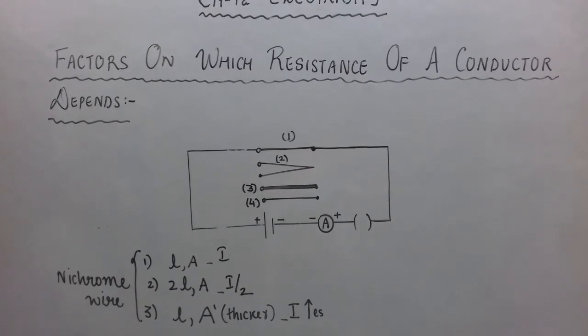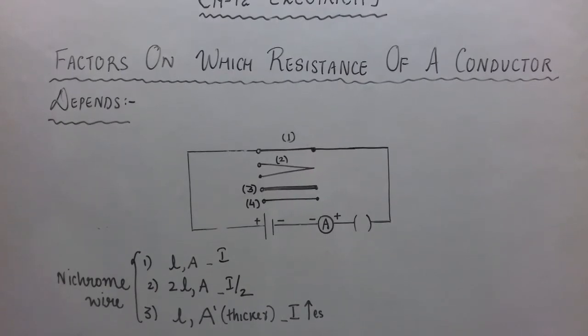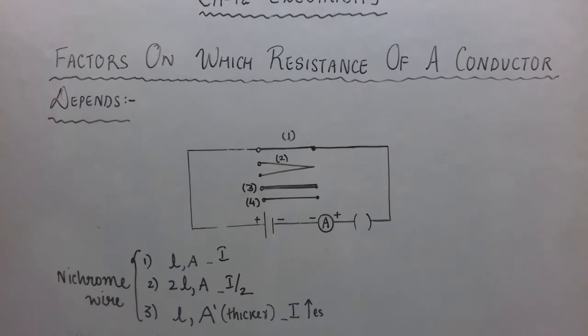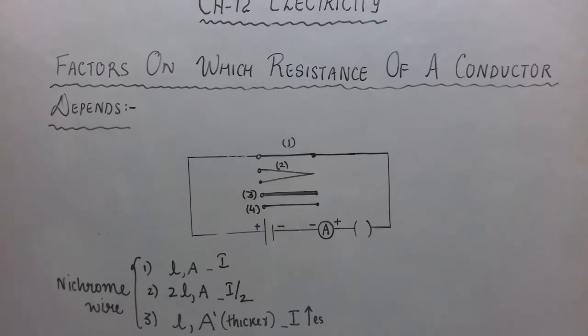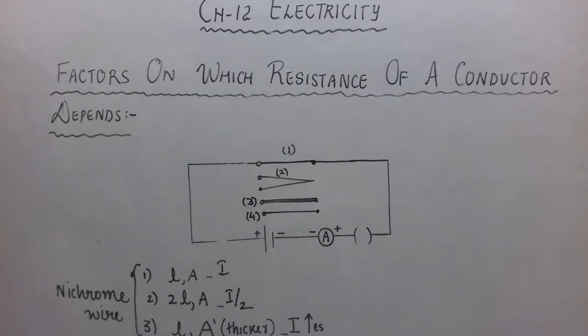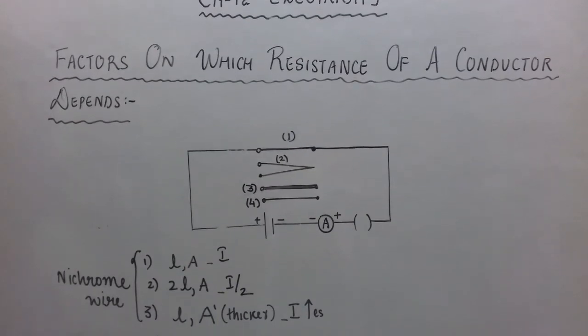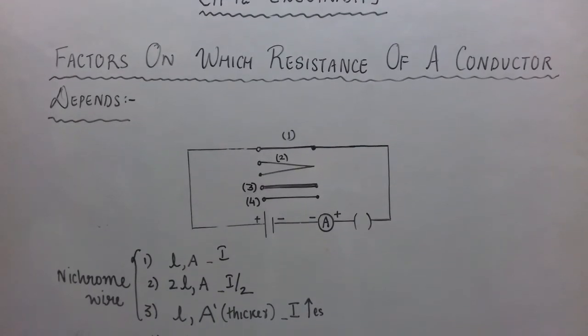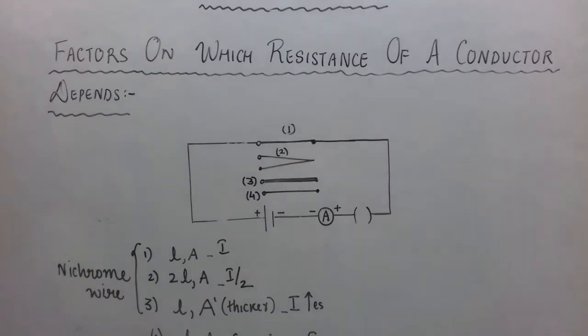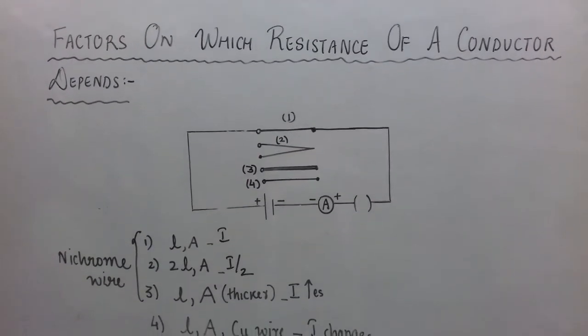When electrons flow through any material or through a conductor, the path is not very smooth for them. It is not that they don't face any opposition. While moving, they collide with ions and other free electrons or atoms present in the material.